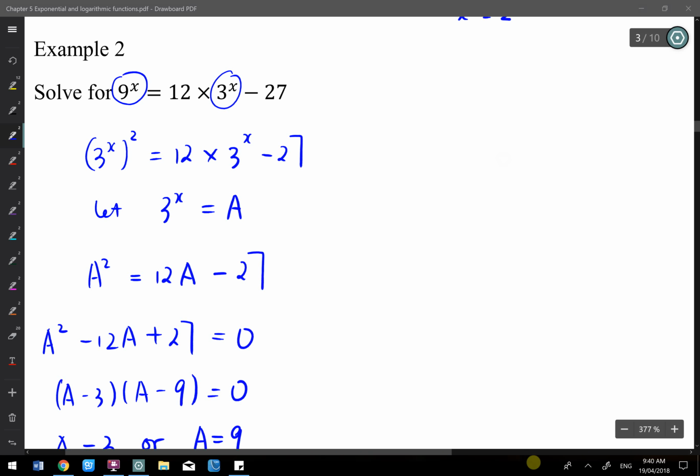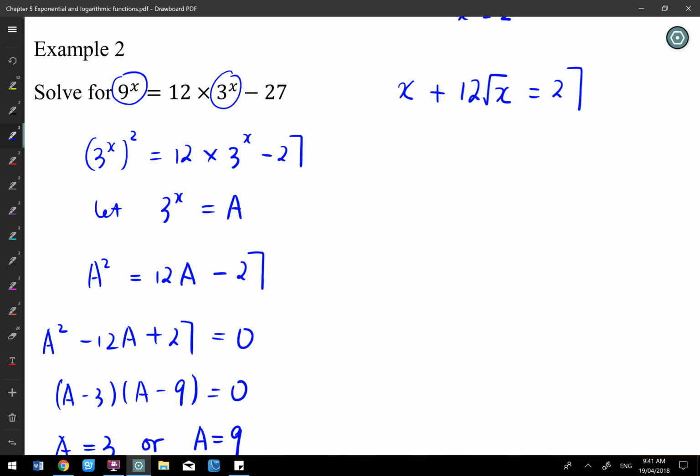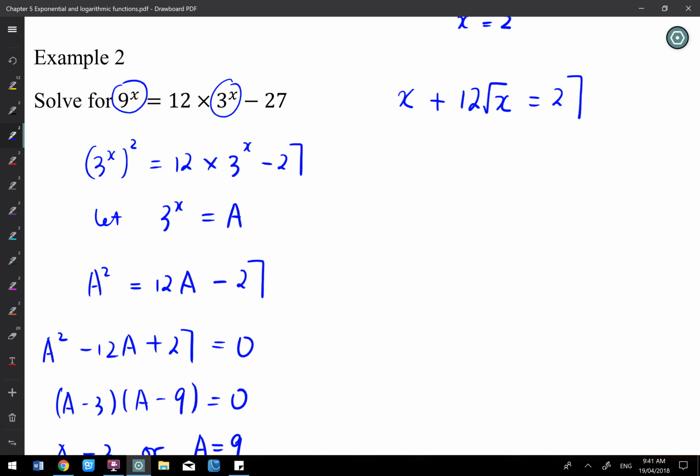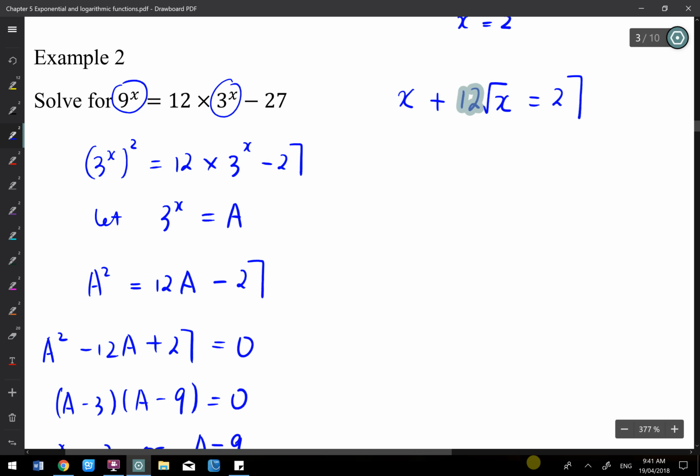So if I go for x plus 12 root x equals to 27. Wait, I can't go for 27, 6. I will go 6 here. Okay, that's the question.